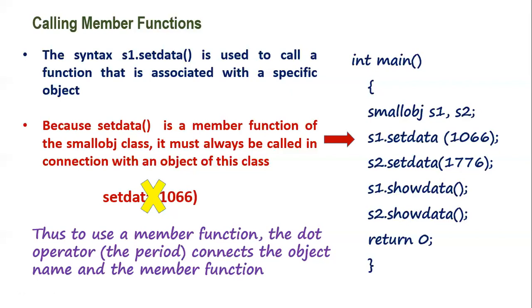The dot operator connects the object name and the member function. Always when you call a function within a class, you first use the object, then put the dot symbol, and then write the function. So this dot operator basically connects the object name and the member function.